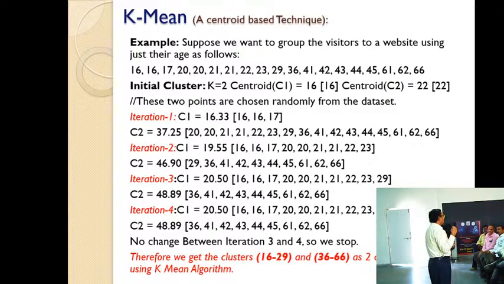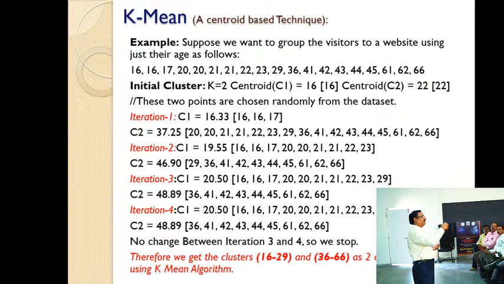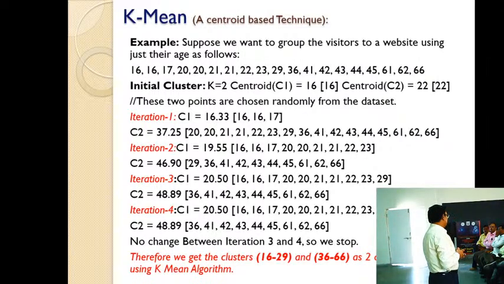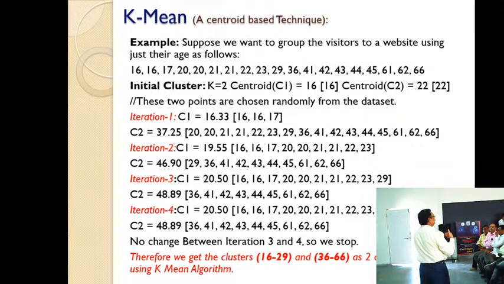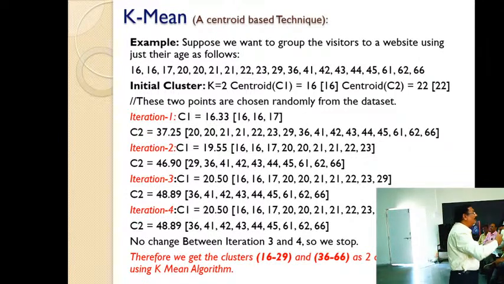So in many papers, while reviewing, they say the k-mean algorithm gives good results. If we ask why it is giving good results, what is the algorithm or the structure behind that?